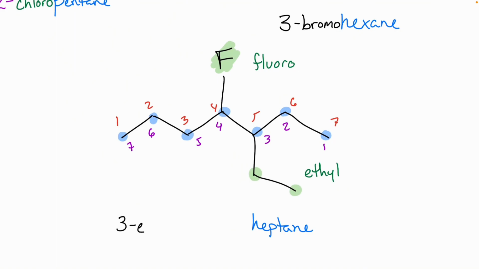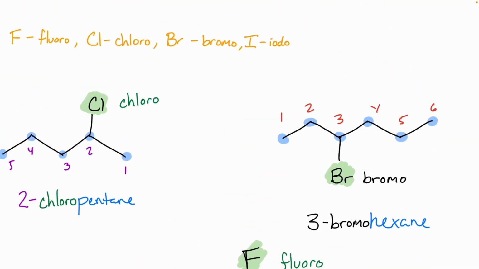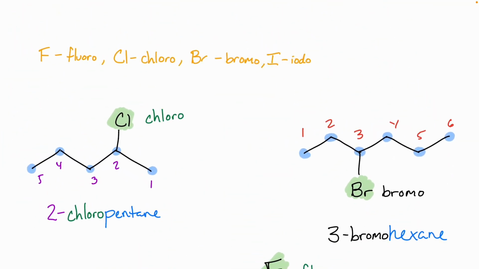So 3-ethyl-4-fluoroheptane. All one word, run together. All right, so again, we got these new substituents are halogens, the fluoro group, the chloro group, the bromo group, and the iodo group.